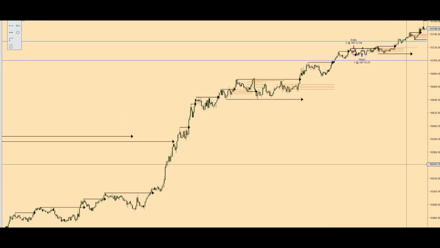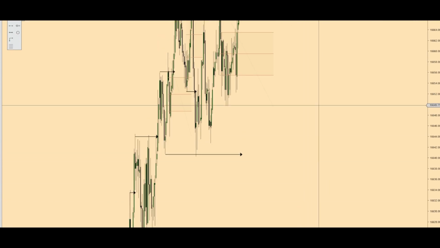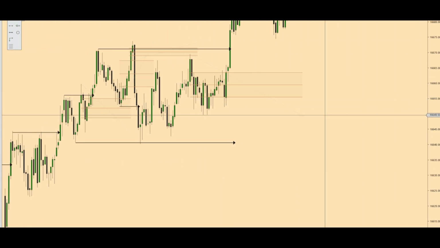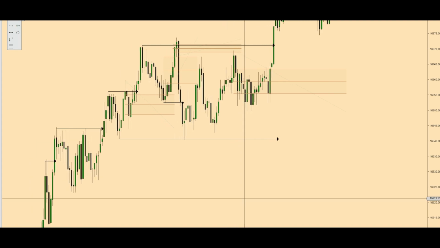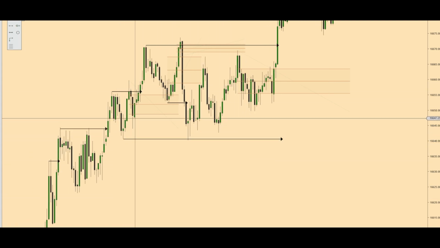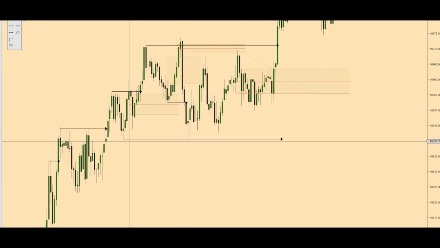But on the way up here, there were definitely some opportunities from my playbook as well as some range trading. I see now, we failed this high, swept this low. We could have taken a trade out of this area.